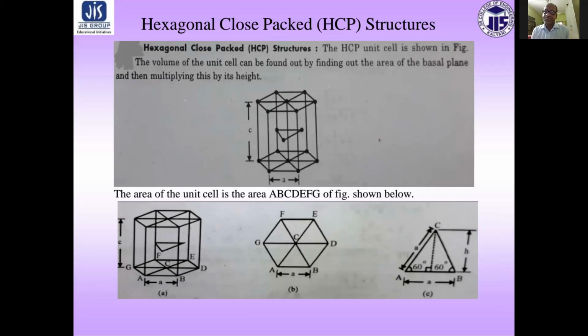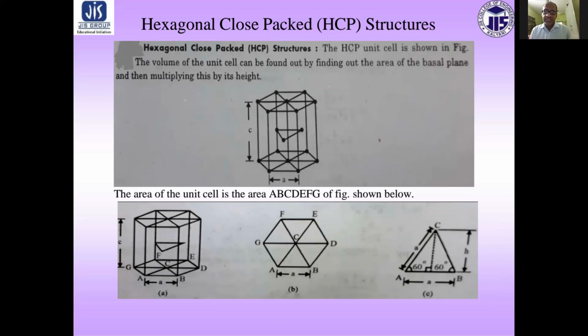Here the top face and bottom face are hexagons. In the hexagonal structure, there are 6 corner atoms and 1 face atom on each hexagonal face. There are 2 faces, top and bottom, so there are a total of 6 and 6, that is 12 corner atoms, and 2 face atoms. In addition to this, 3 interior atoms are present in the hexagonal close packed structure.